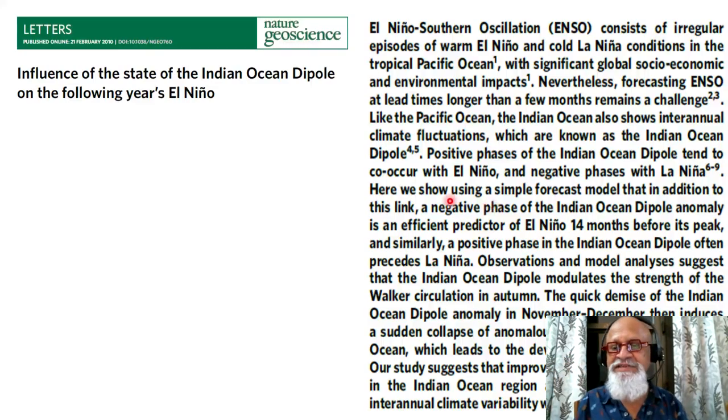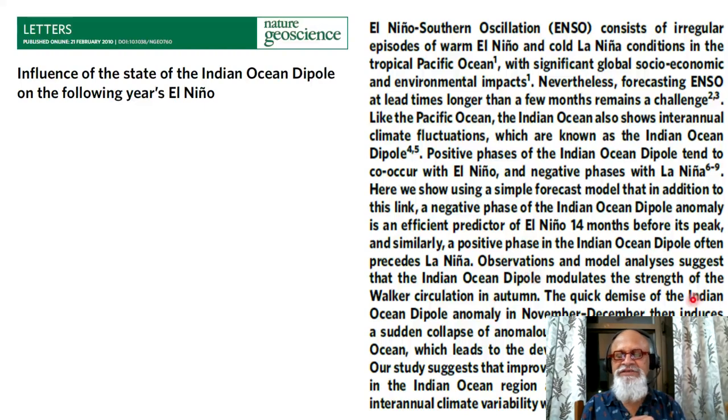Okay, historic accident. Here, we show using a simple forecast model that in addition to this link, a negative phase of the Indian Ocean dipole anomaly is an efficient predictor of El Nino 14 months before its peak. And similarly, a positive phase in the Indian Ocean dipole often precedes La Nina.